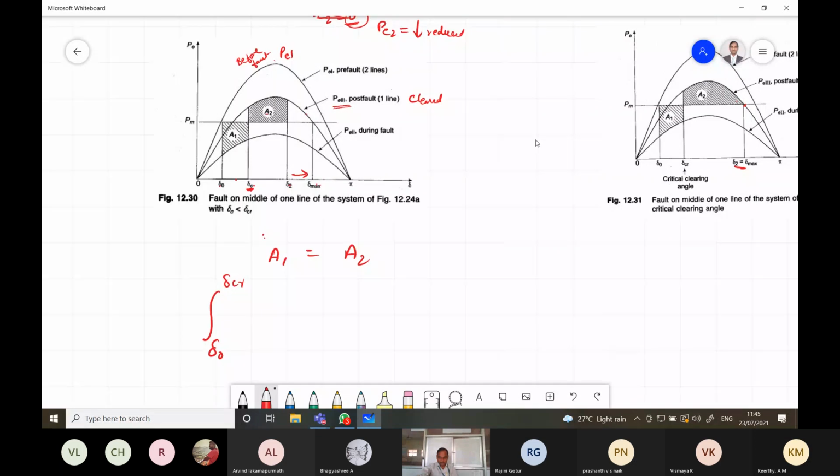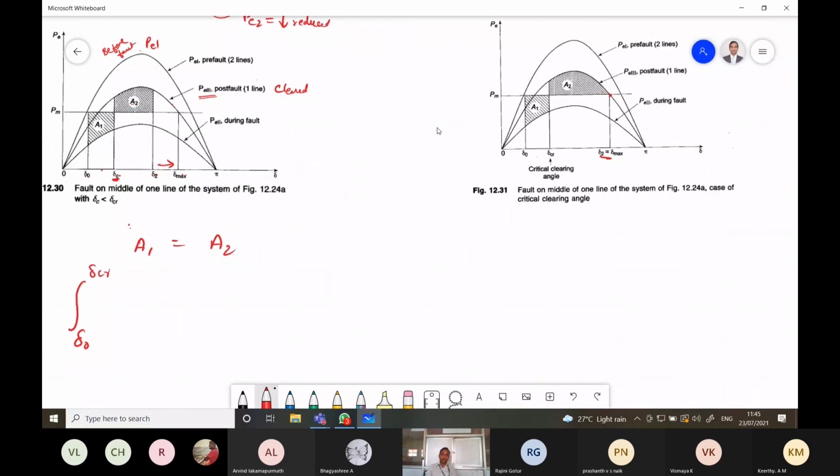We are writing it for this curve. Delta naught to delta CR, we are representing A1. If delta 2 is more than delta max, it leads to an unstable position. So delta maximum is 90 degrees. Okay, so if delta 2 is equal to delta max, up to this we will achieve stability. If it is more than that, we will not achieve stability.